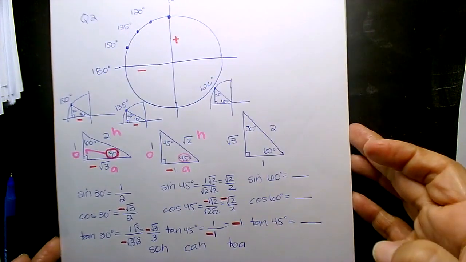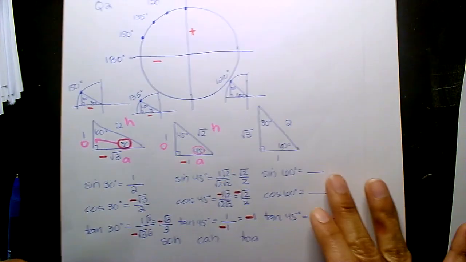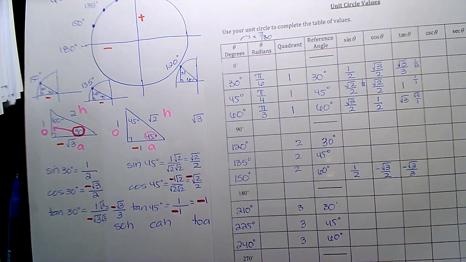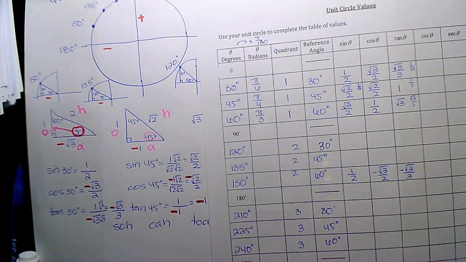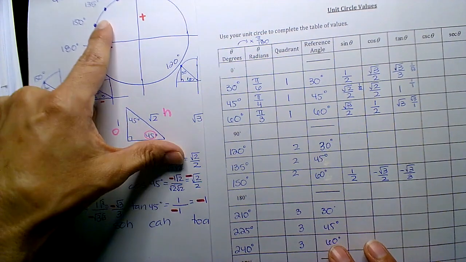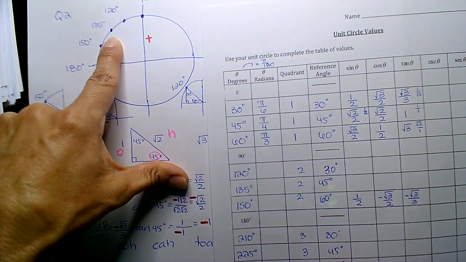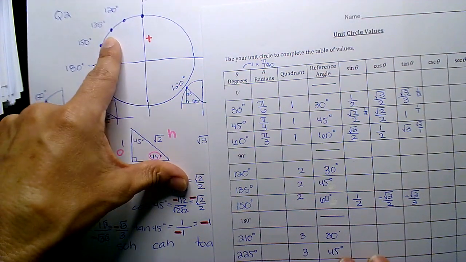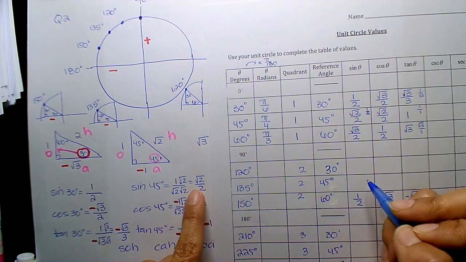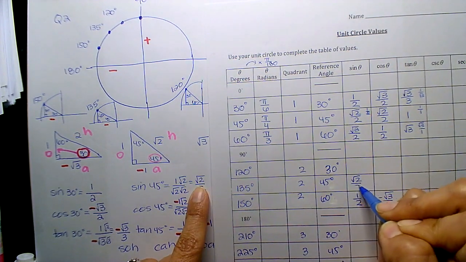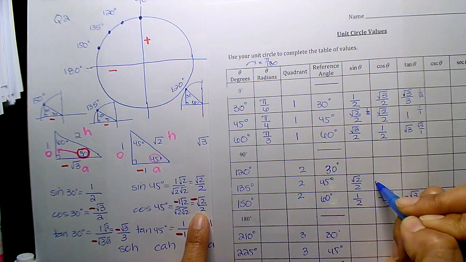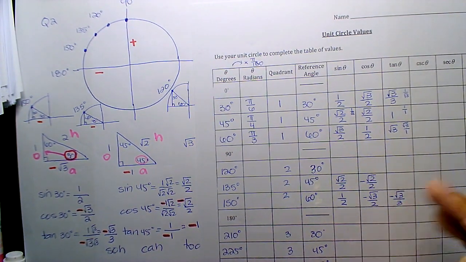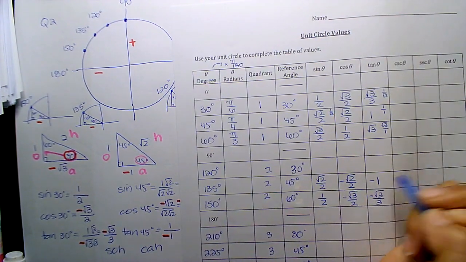So then if I slide this over and my table, I'm on 135 degrees, right? Because that's the 45. We did the 30, the 45. Next we'll do the 60, so we're on 135. So rad 2 over 2, negative rad 2 over 2, and -1.